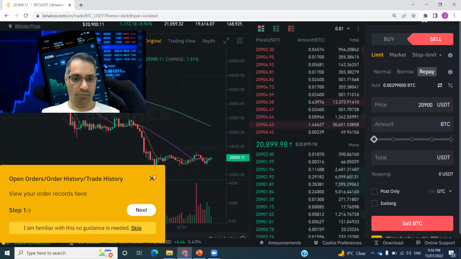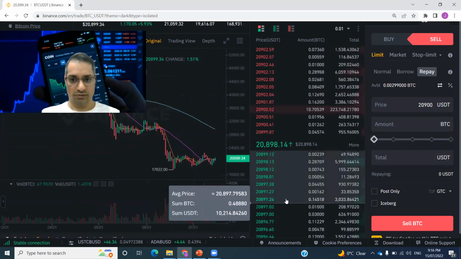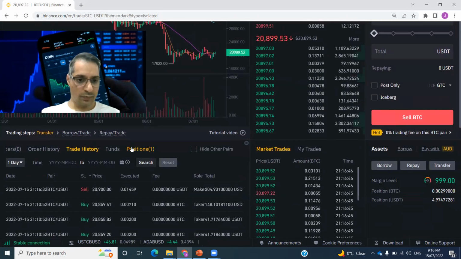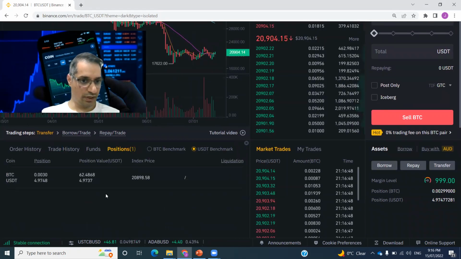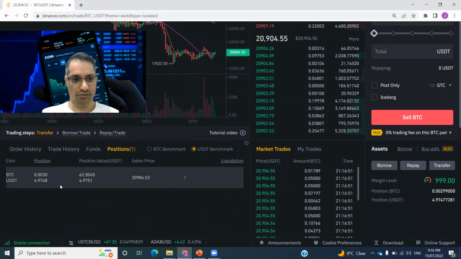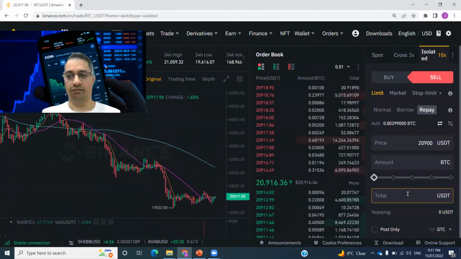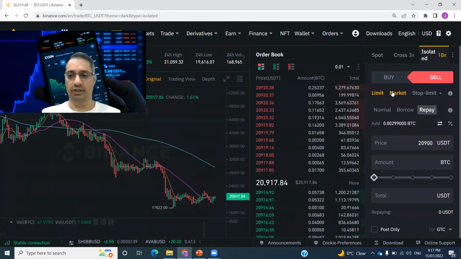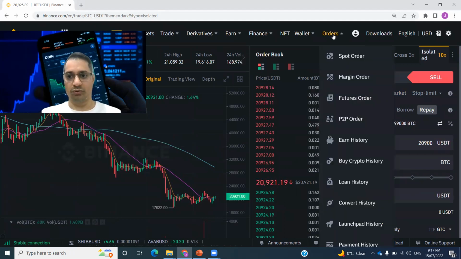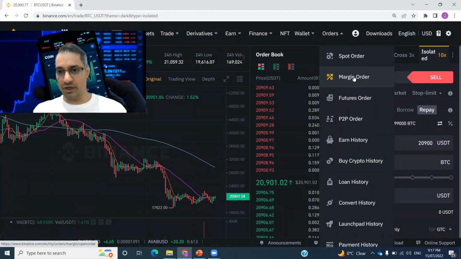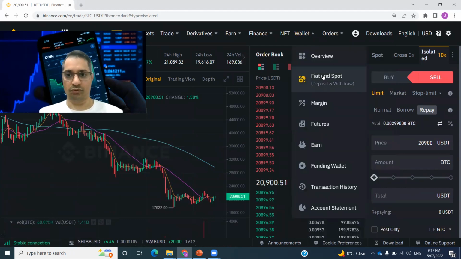Now if I look at my position, you can see that I have $4 profit or something, and my position value is this much. I am in green now because I have repaid my loan, and I have closed that position, so I'm no longer holding that position. So I can actually move the Bitcoin out of the margin account and back into my spot wallet.